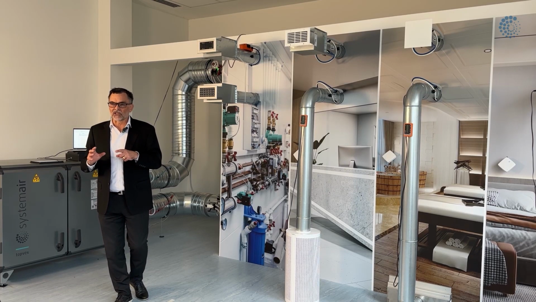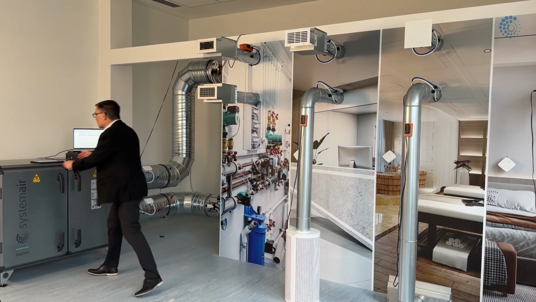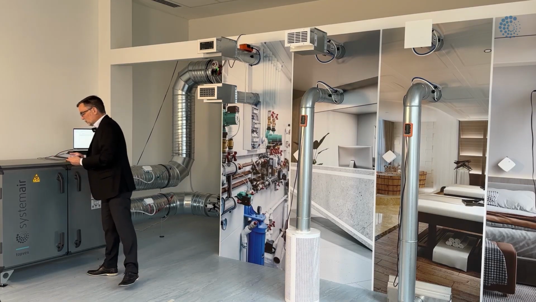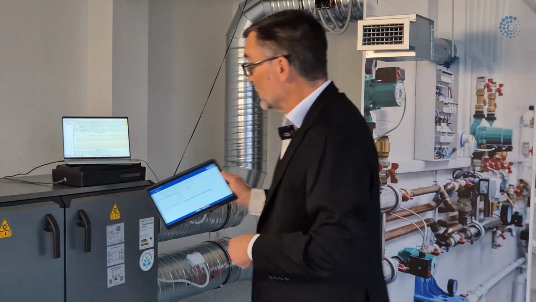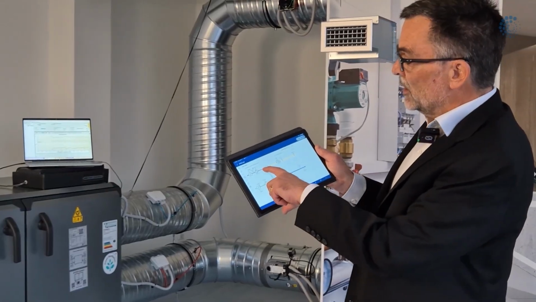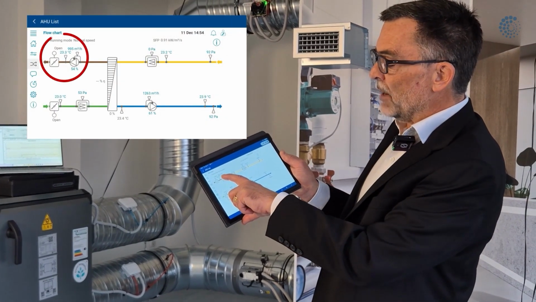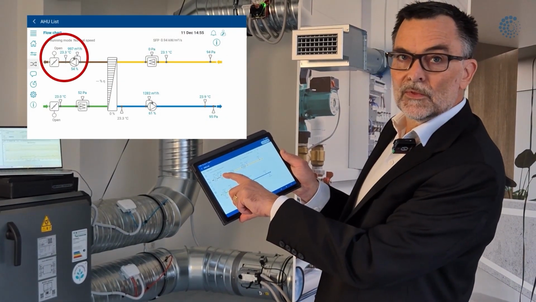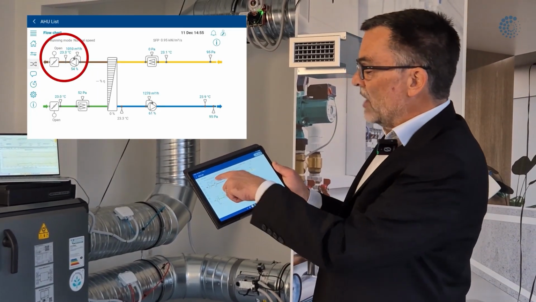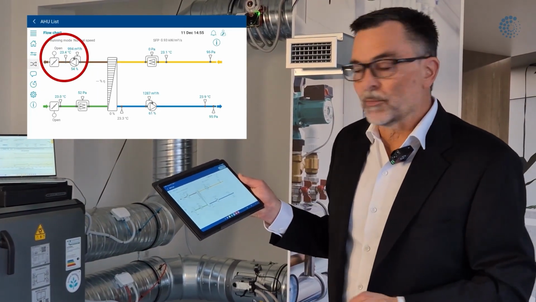And as you can also see on the tablet, which is pretty neat, you can follow the air volume going up. So now we have about 900 cubic meters per hour.